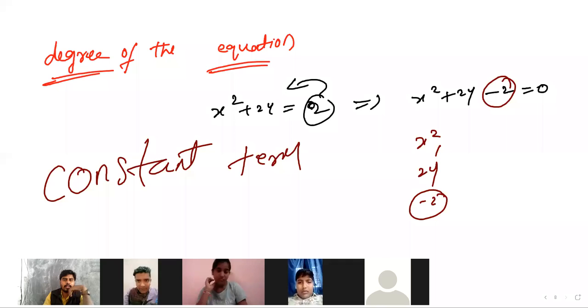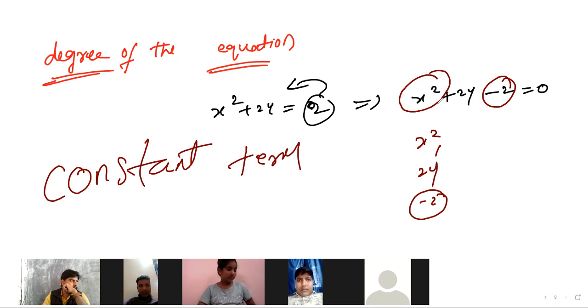A term not containing a variable is called a constant term. Next, suppose you observe this single term x square. What is the variable involved? x. For that x, what is the exponent, or power?